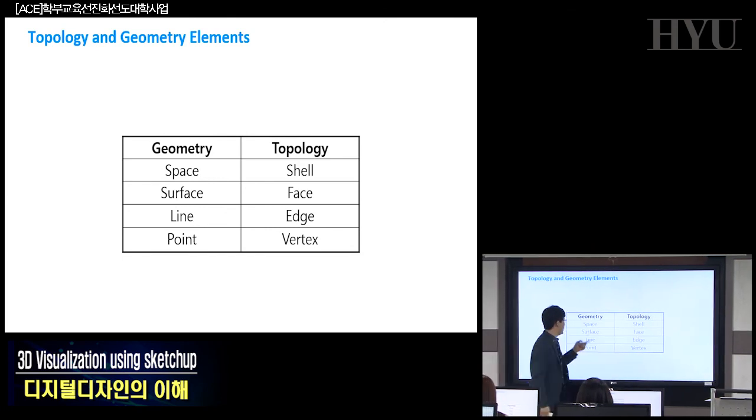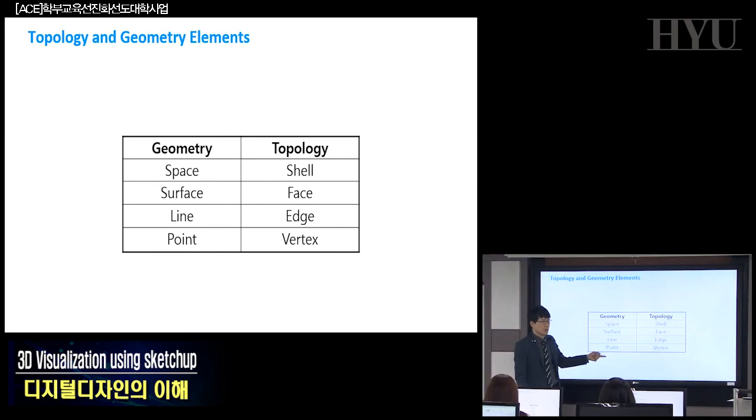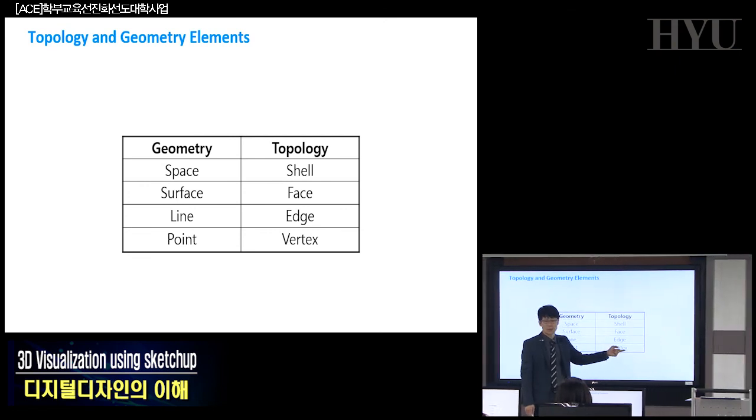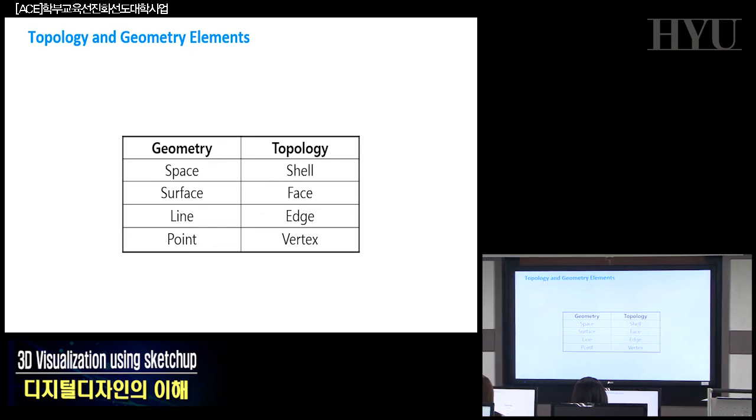Under geometry, point. 2 points gonna make one single line. Some enclosed lines gonna make surface and space. Under topology, vertex. 2 vertices gonna make one single edge, and enclosed edges gonna make face and shell.